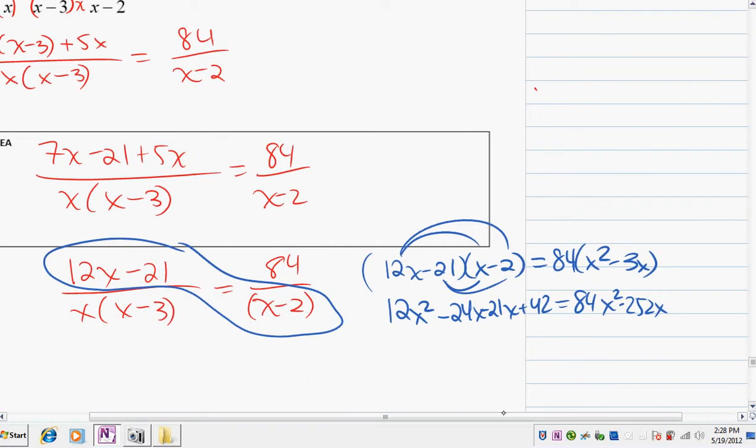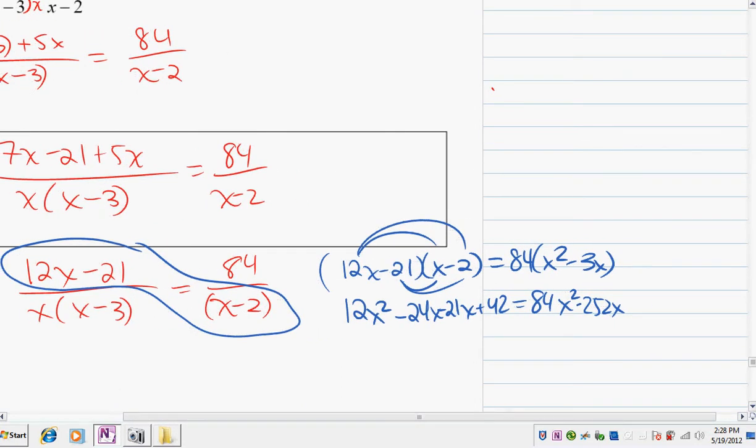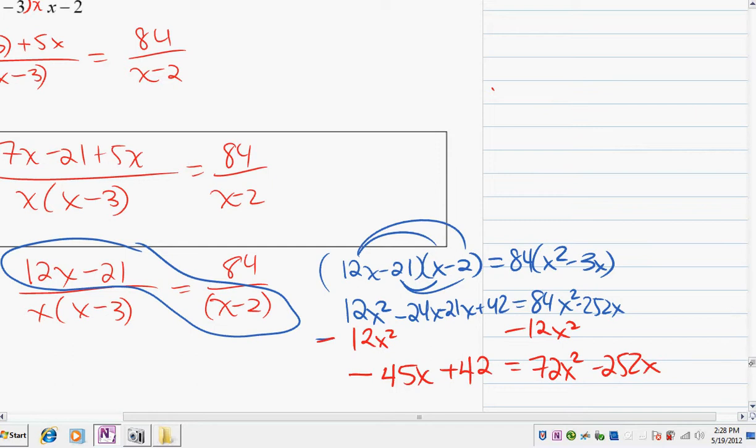So let's see what we can do with this now. I'm going to subtract 12x squared from both sides. So I get negative 45x plus 42 is equal to 72x squared minus 252x.